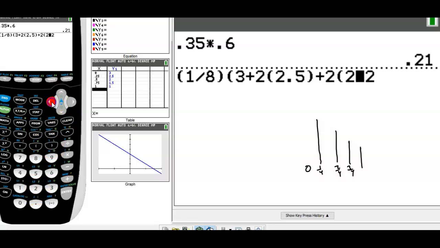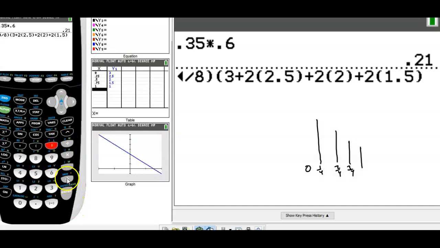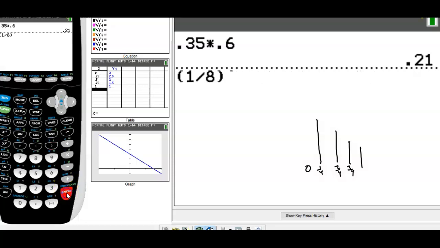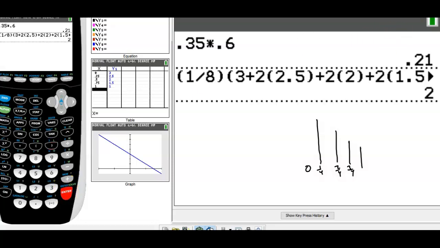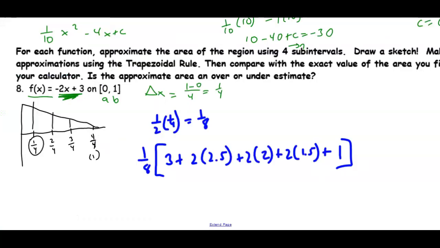Whoa, did not mean to do that. Plus 2 times 1.5, sorry about that. Plus 1. Like that. And that gives us 2. All right. So this equals 2.